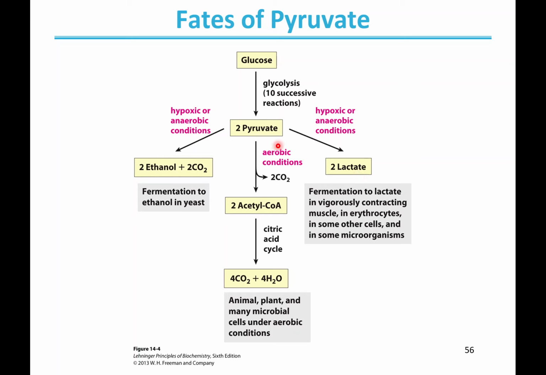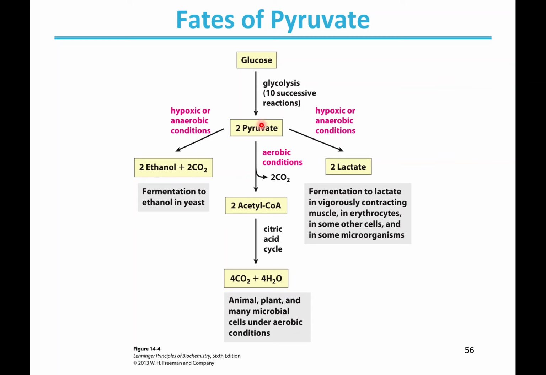Under aerobic conditions, pyruvate goes on to form acetyl CoA, and acetyl CoA is then fed into the citric acid cycle. After the citric acid cycle, it becomes 4 molecules of carbon dioxide and 4 waters.